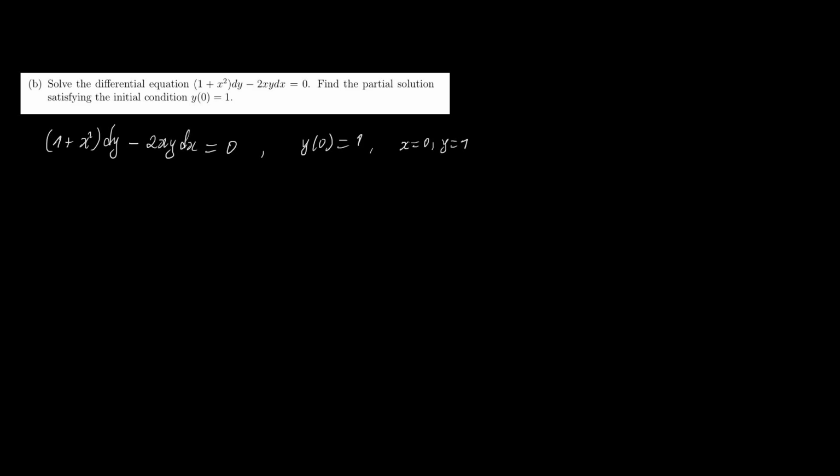So we have to send this entire term to the right hand side. So this will be (1 plus x squared) dy equals 2xy dx. What I want to do here is separate the variables, which means on the left hand side there should be our function in terms of y, and on the right hand side our function in terms of x.